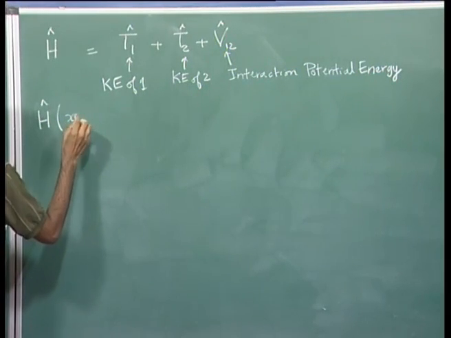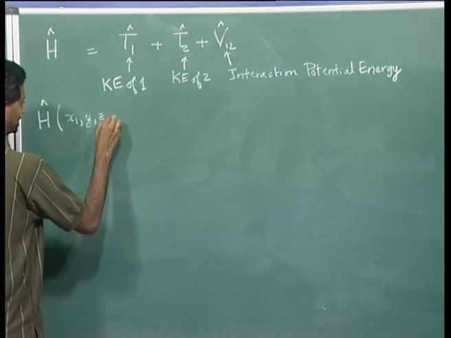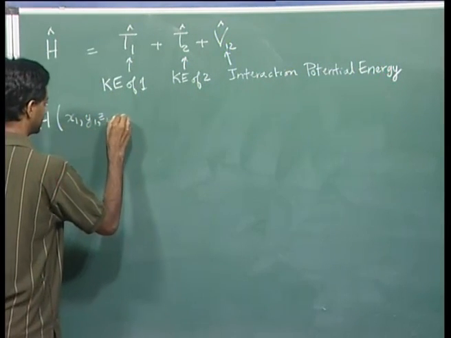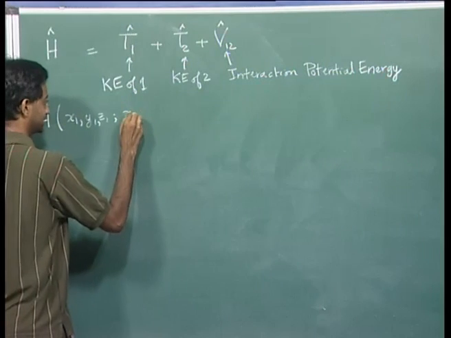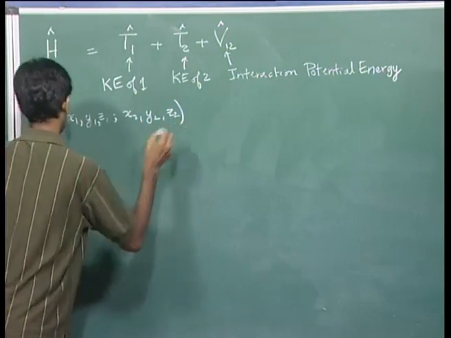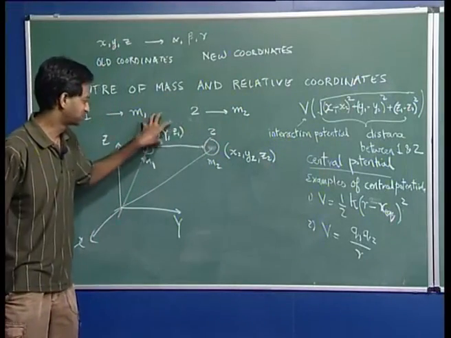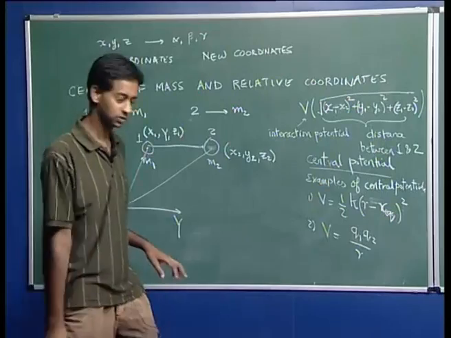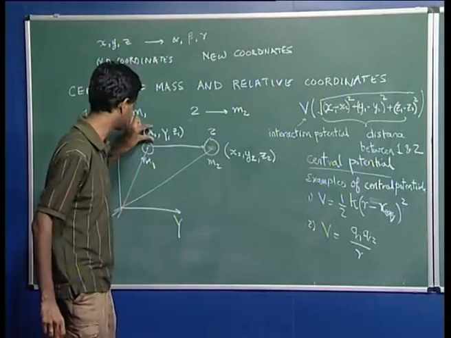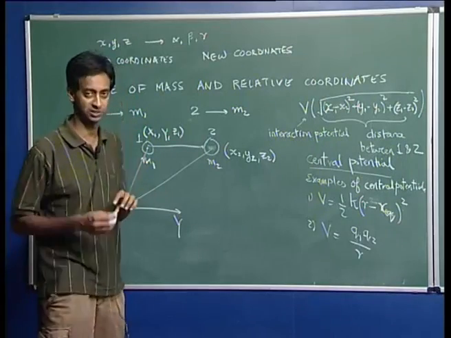Particle 1 has 3 position coordinates x1, y1, z1. Particle 2 has three coordinates x2, y2, z2. So this Hamiltonian operator operates on these positions, and it operates on functions of these positions.